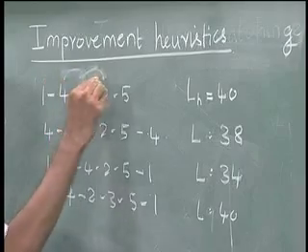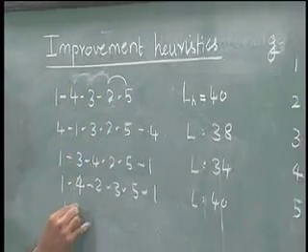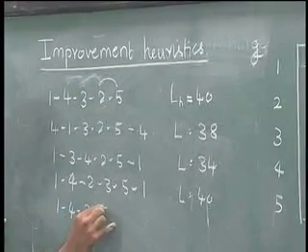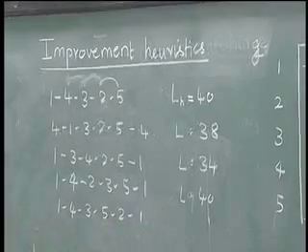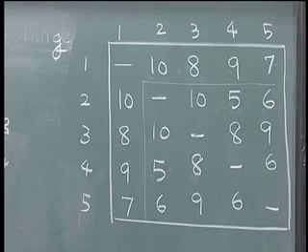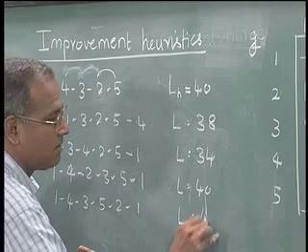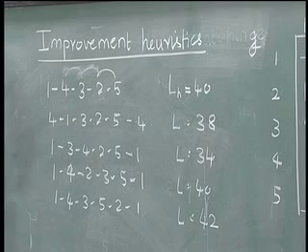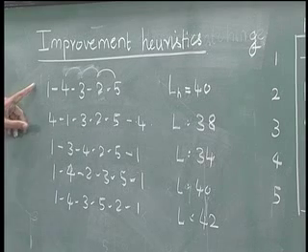We can try this pairwise exchange. So, we get 1 4 3 5 2 1 with L equal to: 1 4 is 9, 4 3 is 8, 17, 3 5 is 9, 26, 5 2 is 6, 32, 2 1 is 10, 42. So, we can do these pairwise exchanges.